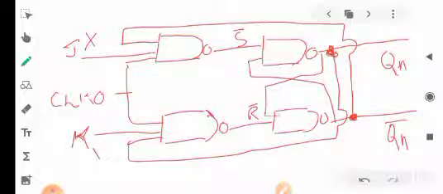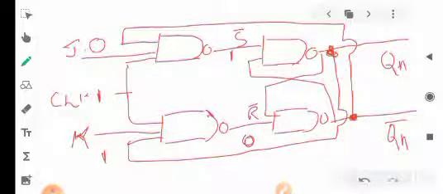Okay, now we just see giving value for K when clock is equal to 1, when J is equal to 0 and K is equal to 1. When J is equal to 0, we know that 0 complement will be 1 here, and K is equal to 1, 1 into 1, 1 complement will be 0 here.